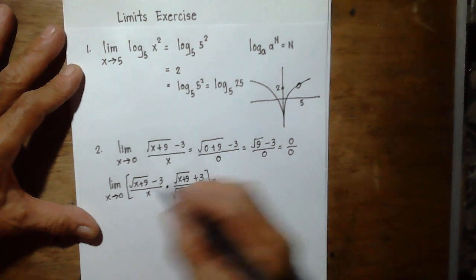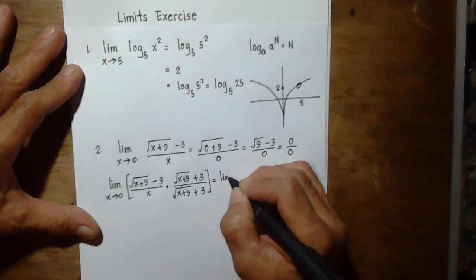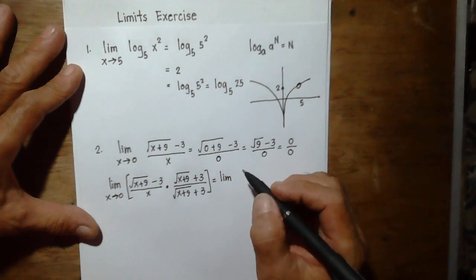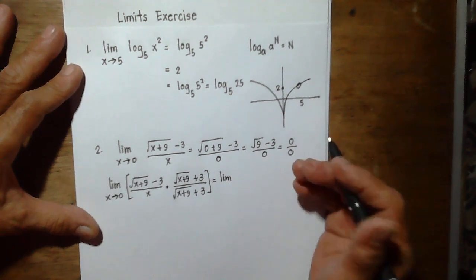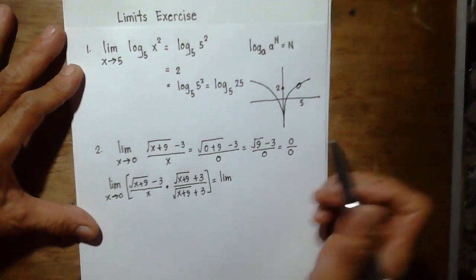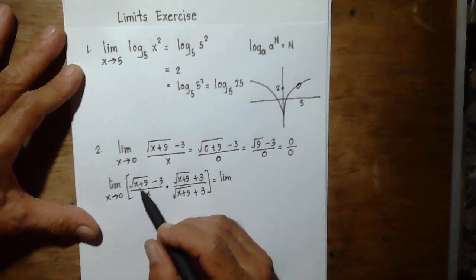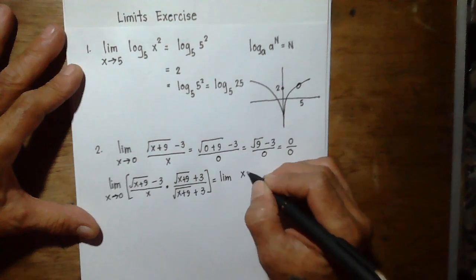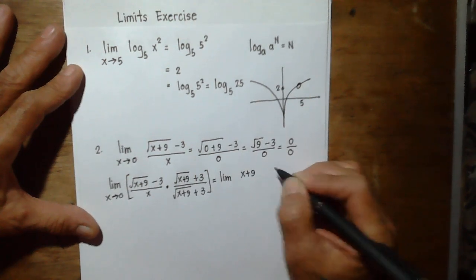Rewriting the whole limit, now this is going to become the difference of two squares, and when you square the square root of x plus 9, that gives us x plus 9.